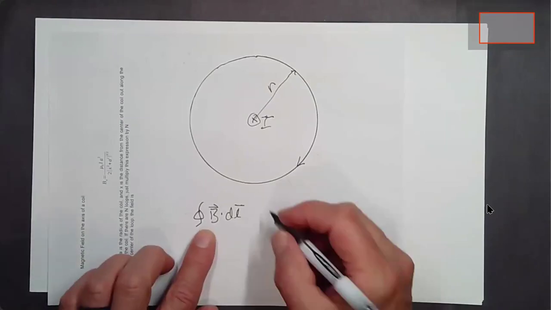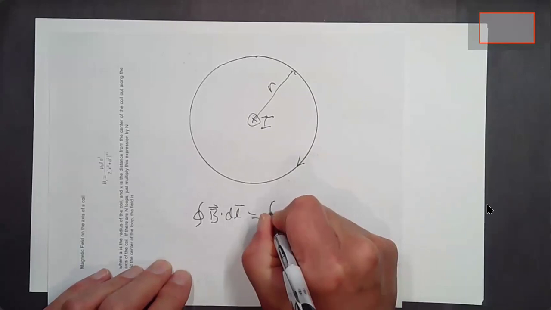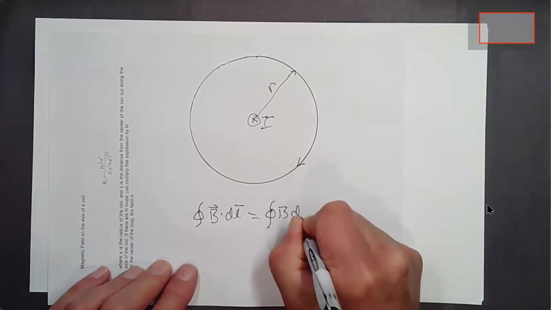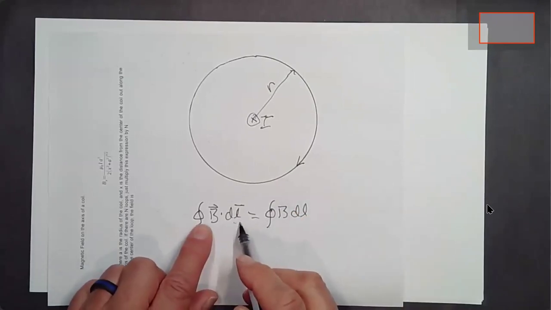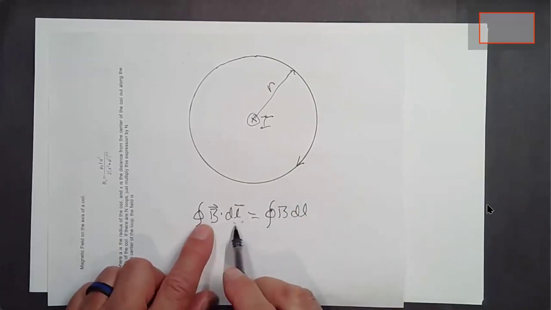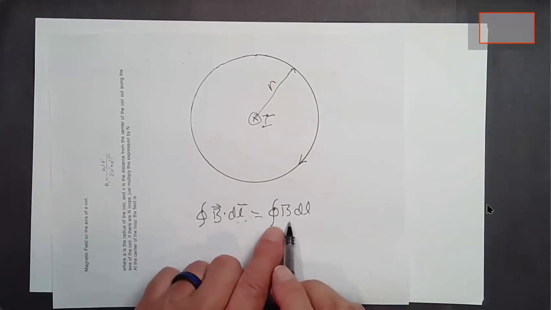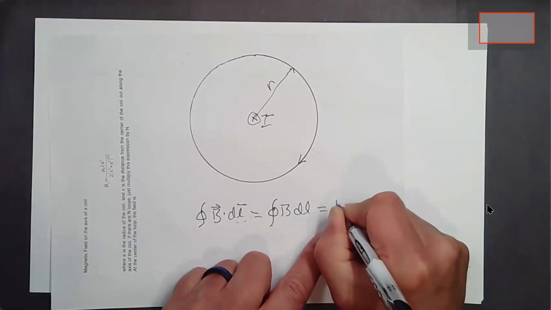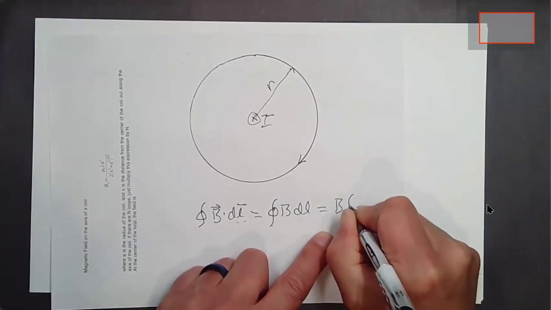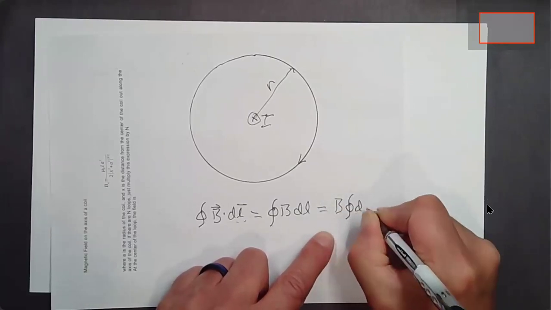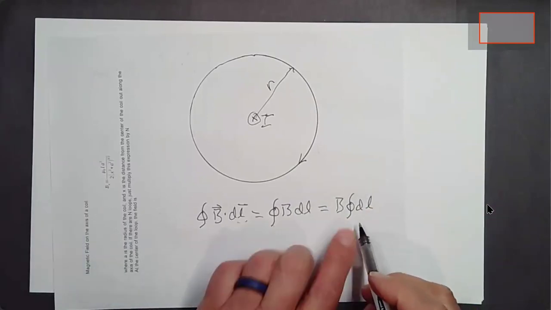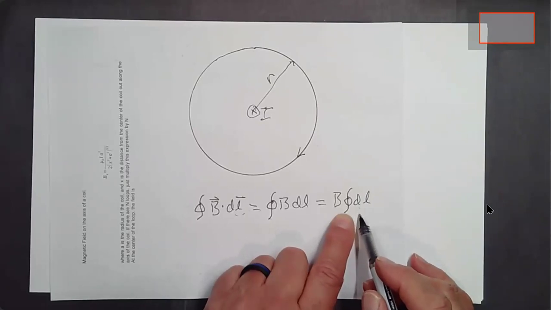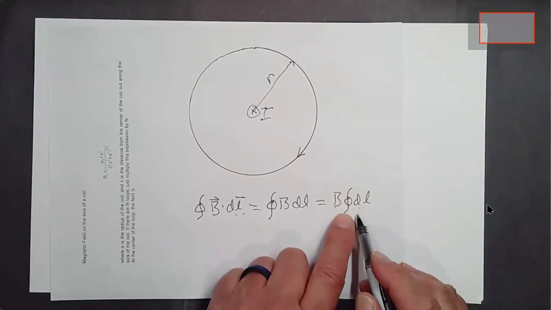I know that B is constant, so this will end up equaling B dl. Remember, this is the scalar product, so when you do this, it gives you a scalar, and B is constant, so it can come outside the integral. And so I'll have B times the integral around the circle of dl, and integrating dl around a circle gives you 2 times pi times the radius of the circle.